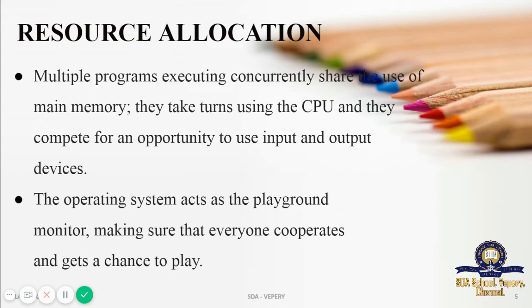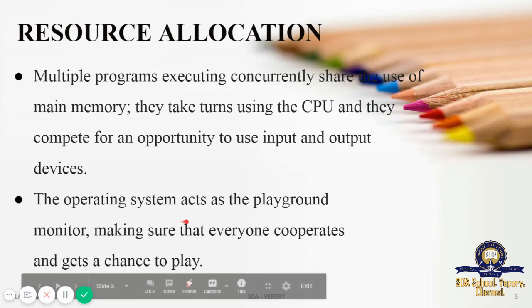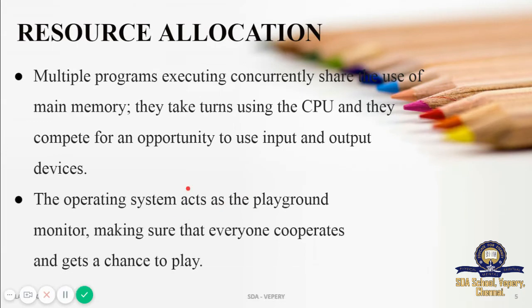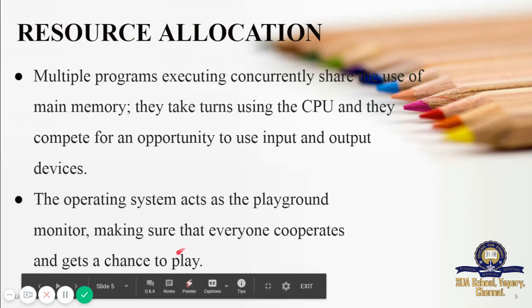The resource will be kept idle, but the CPU should take its turn and give a chance to everyone. So that task will be done by the operating system. It acts as a manager and manages all the tasks, how and when they are to be processed.